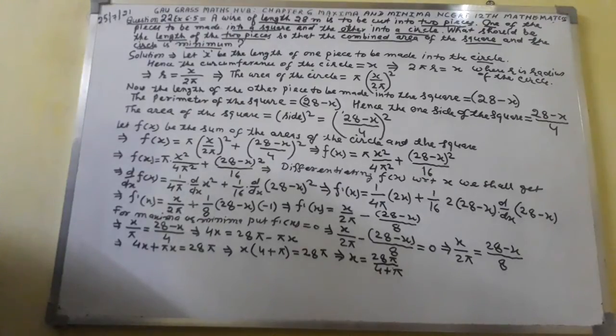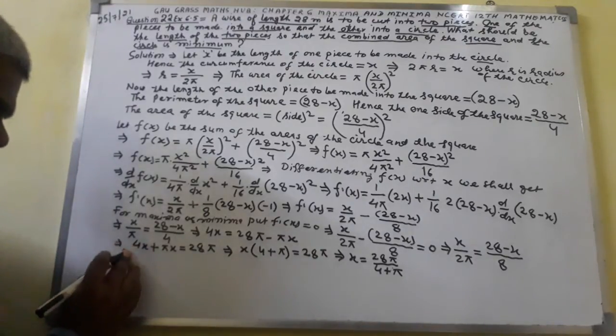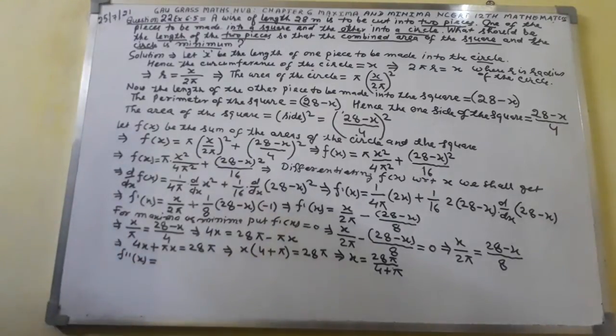Now what will we do next? Next it says the combined area of the square and circle is minimum. So you have to prove whether this combined area is minimum or maximum. For that one I shall find out f double dash of x. Write down from this place.